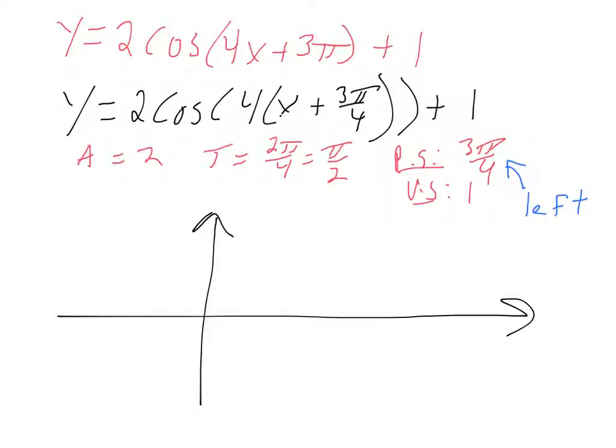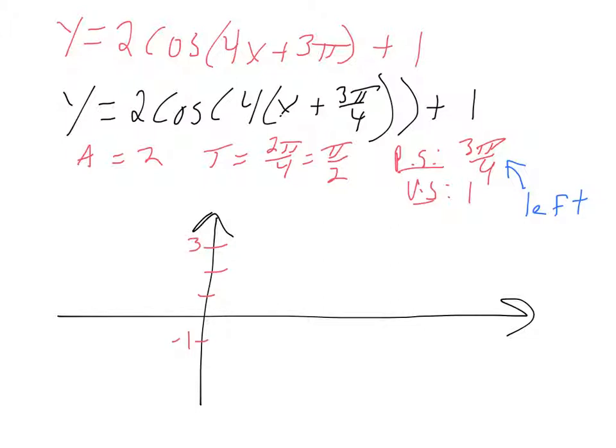as well. And so first things first, let's deal with the amplitude and the vertical shift to figure out where our maxes and mins are going to be. So my amplitude is 2, and I'm doing a vertical shift of 1. If there was no vertical shift, my max would be 2, my min would be negative 2. But if I move everything up by 1, my max becomes 3, and my min becomes negative 1.